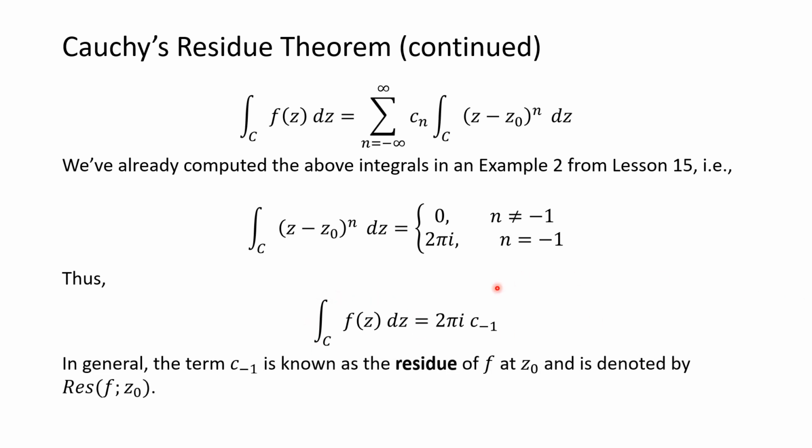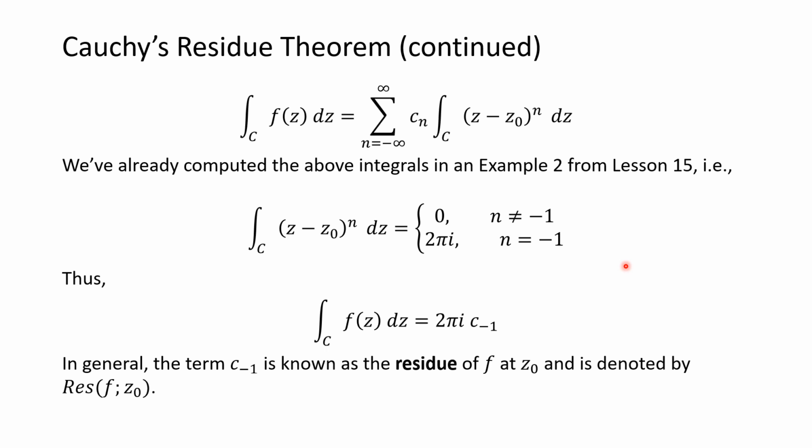And this c sub minus 1 is what's known as the residue of f at z sub 0. And we represent it with this notation, residue f at z sub 0. So that's what we need to find.